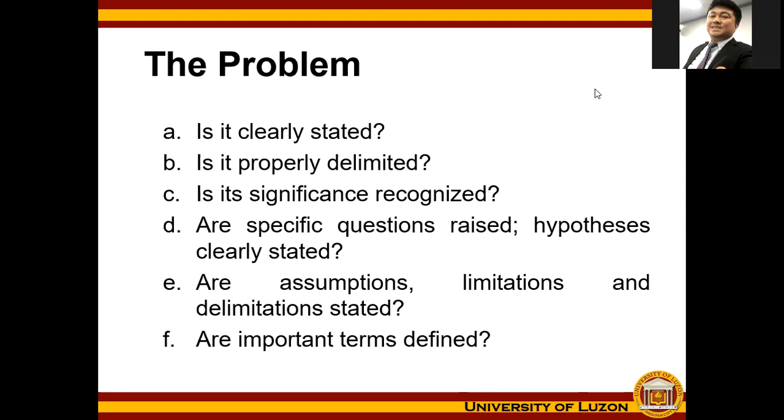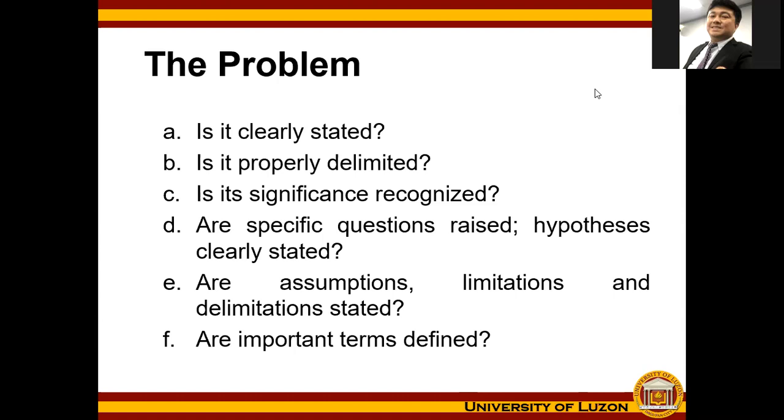So the problem, as reflected in the rationale, should be clearly stated, observing deductive reasoning. Meaning that we begin with the macro perspective or discussion of the problem, and then lead to a more specific micro discussion of the local or institutional level.